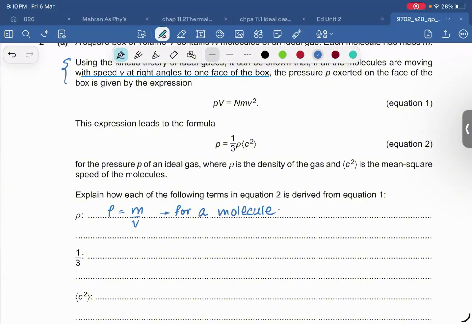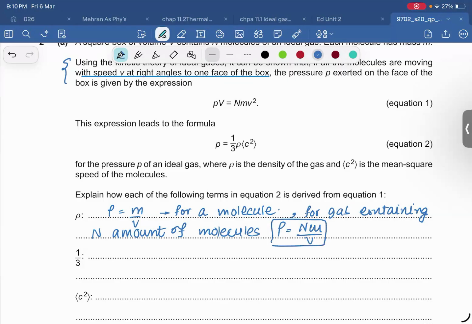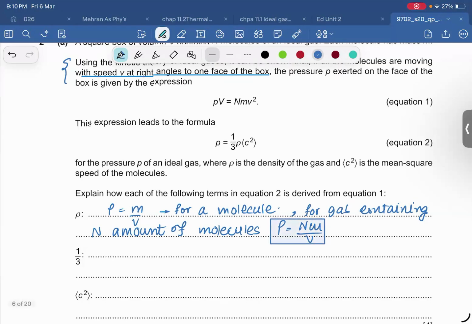And for a gas containing N molecules, the overall density is going to be rho equals Nm over V. This is the concept right now.